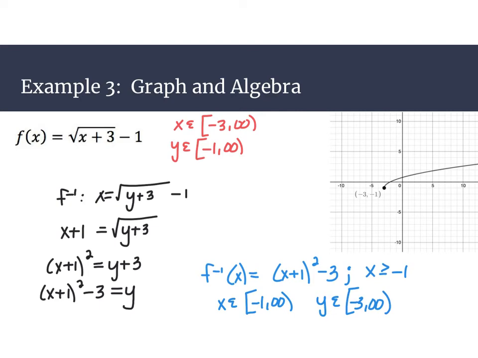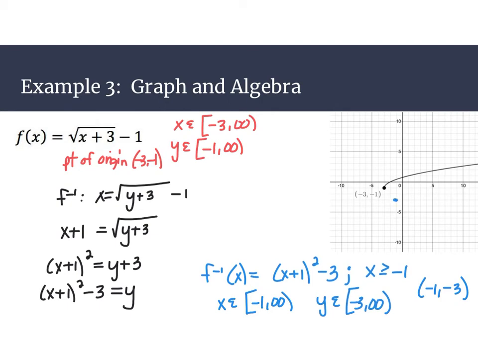Looking at a few points, the point of origin for this square root function was -3, -1. So in my inverse, that point needs to flip, so it's going to be -1, -3.